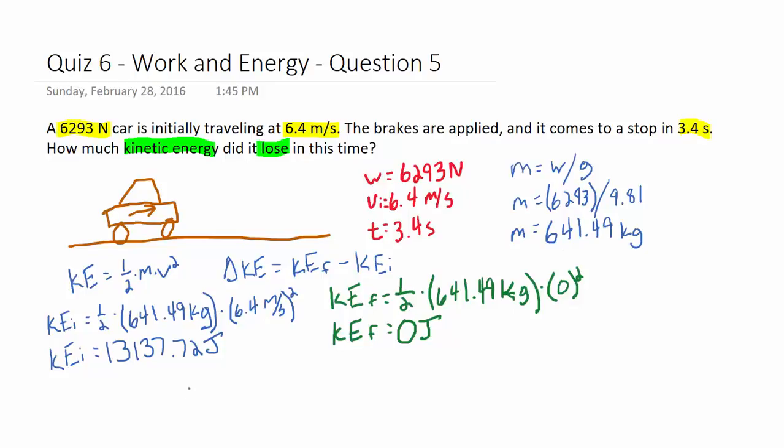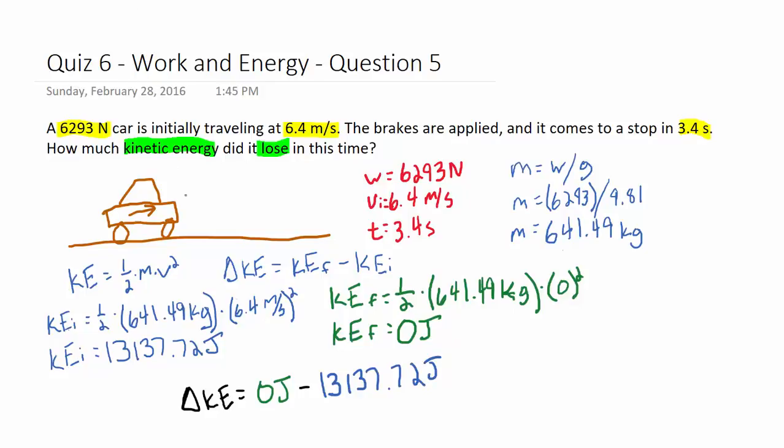Alright, and now for the answer, the change in kinetic energy equals the final, like we said up here, which will be 0 joules, minus the initial kinetic energy, which will be 13,137.72 joules.